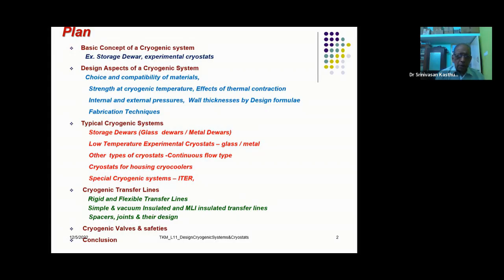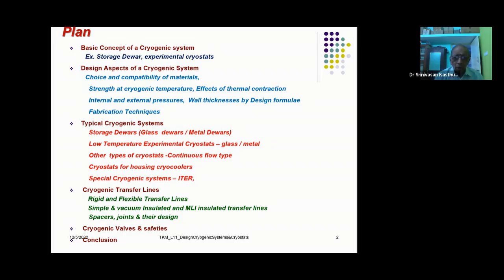Then we would like to discuss what the design aspects of this cryogenic system are. Particularly, you should choose the right materials which are compatible for cryogenic temperatures, and you should see what the strength will be at cryogenic temperatures for these materials. What is the effect of thermal contraction?